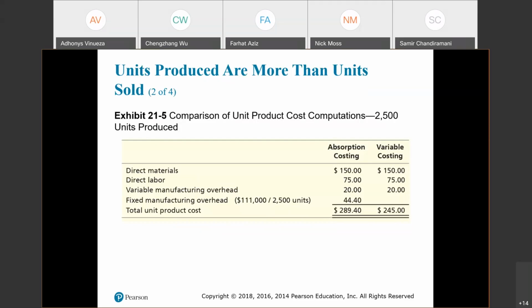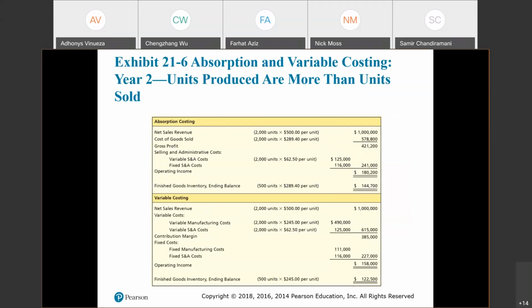So let's look at the calculation in detail. First of all, absorption costing.